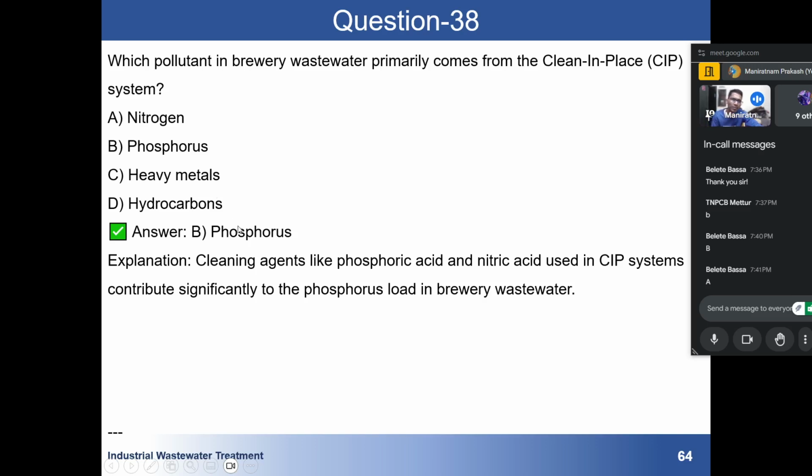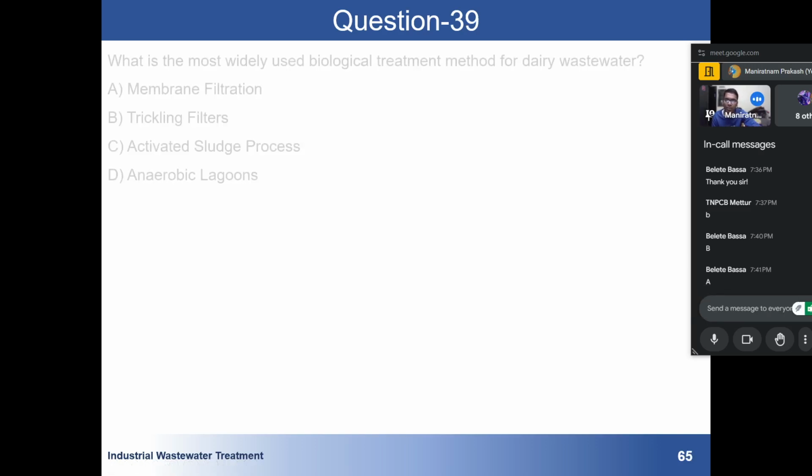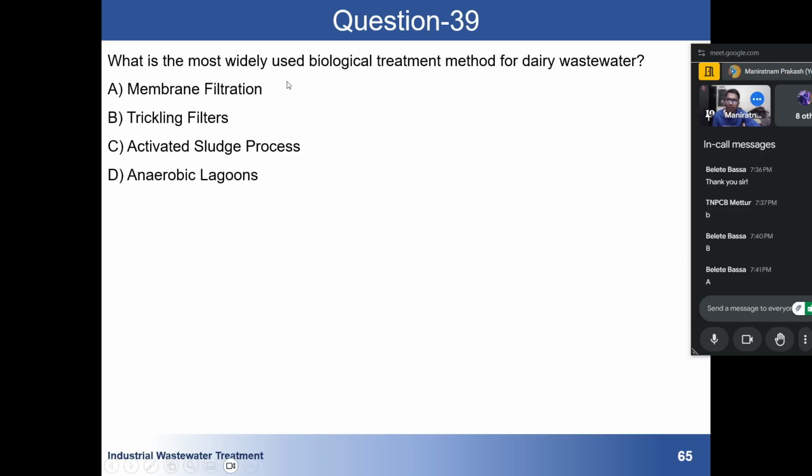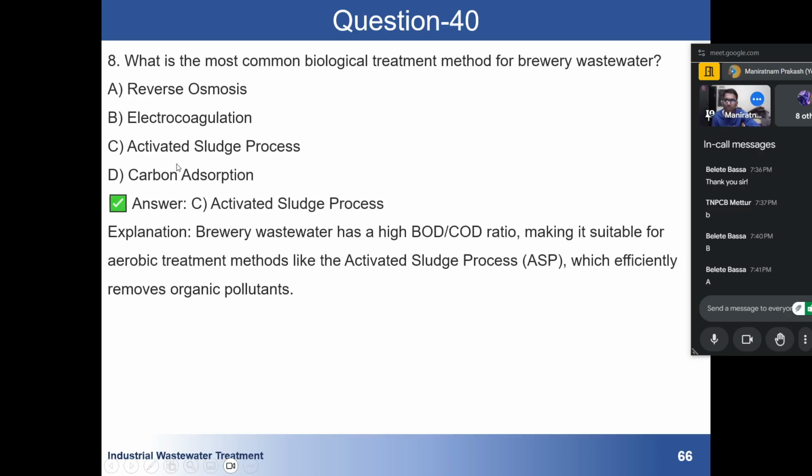Phosphorus. Generally, in dairy we have this phosphorus problem. Cleaning agents like phosphoric acid and nitric acid used in the CIP system contribute significantly to the phosphorus loading in the wastewater. Again, we have already seen this.